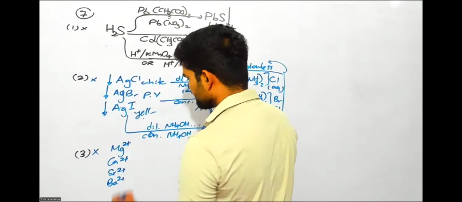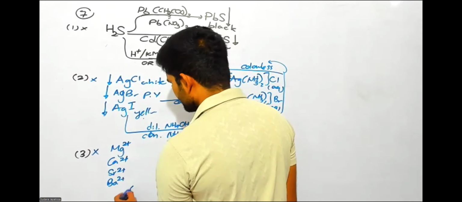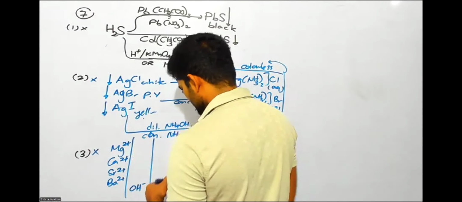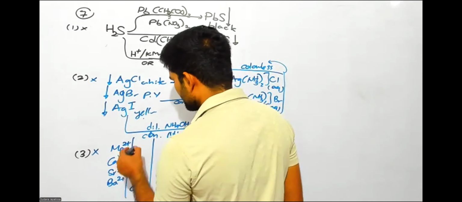And hydroxide solubility was mentioned by the arrows. Here you had 3 arrows. That means it is a very good precipitate. But downward the group, the solubility increases. So barium hydroxide is completely soluble.